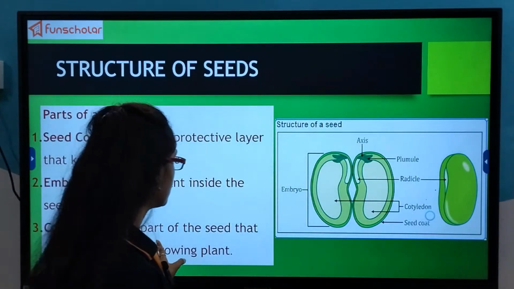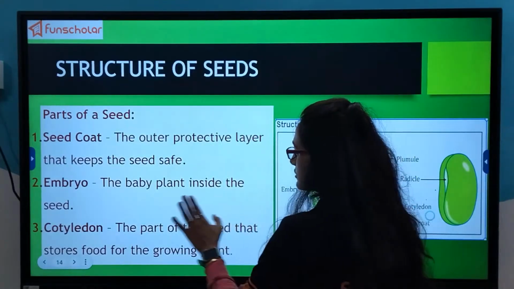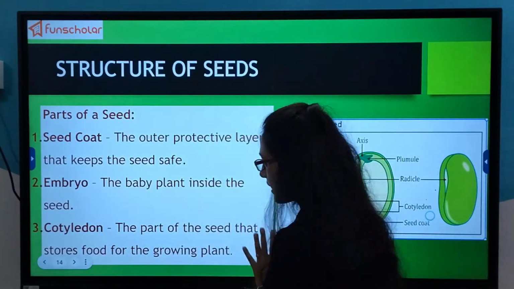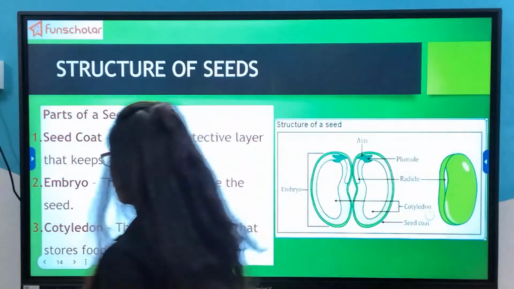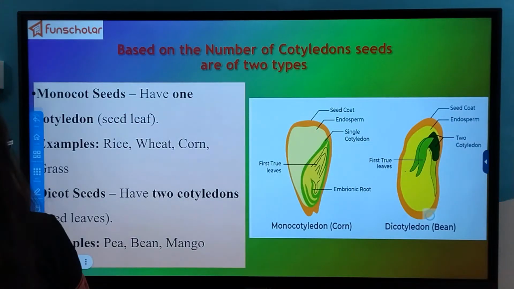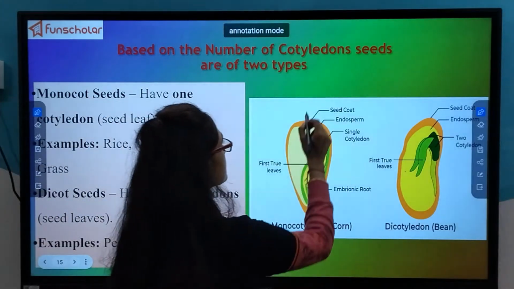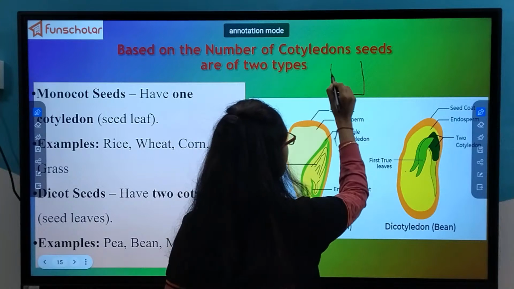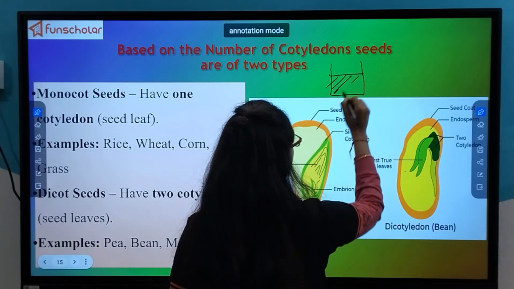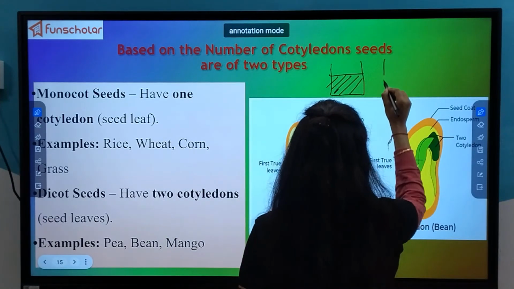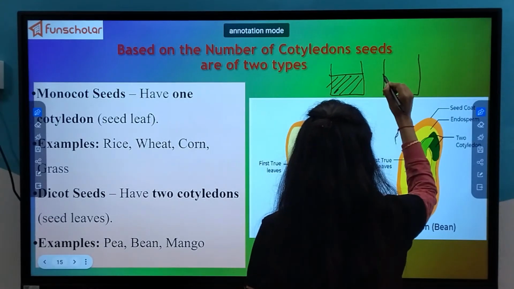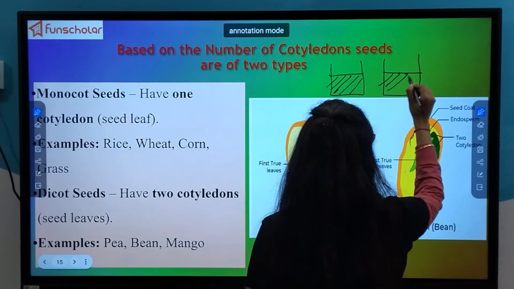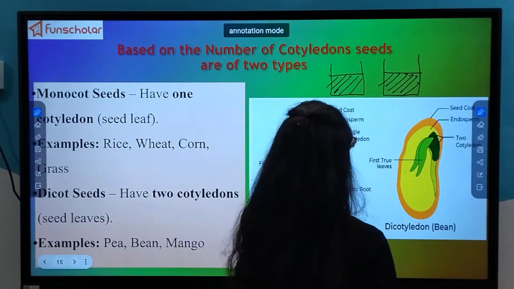Cotyledon, I have already told you, the part of the seed that stores food for the growing plant is known as cotyledon. Now, these cotyledons are of two types. First, I have one container. I have stored some food in it. In another scenario, I have two containers.